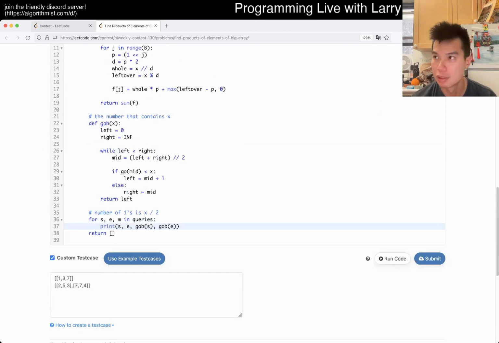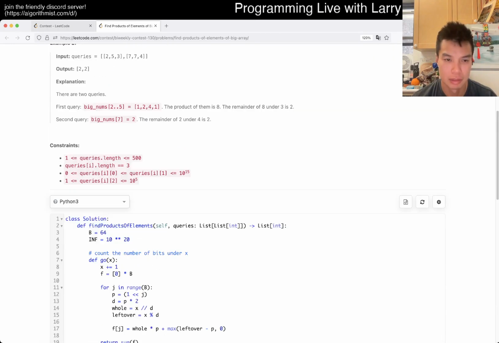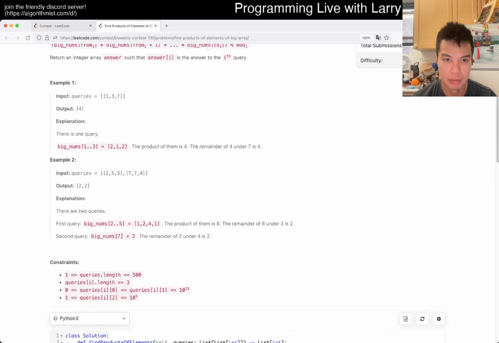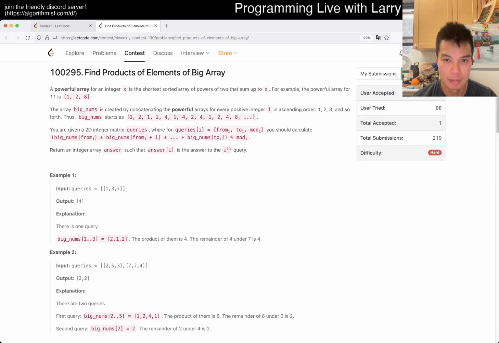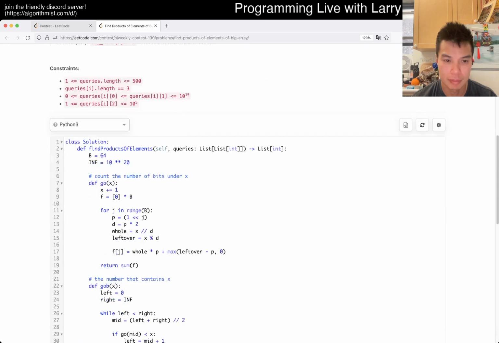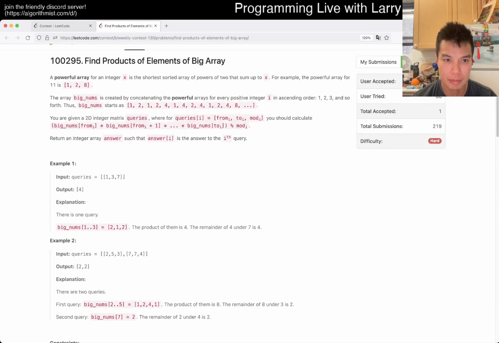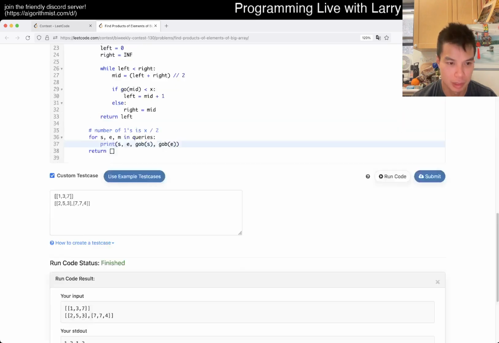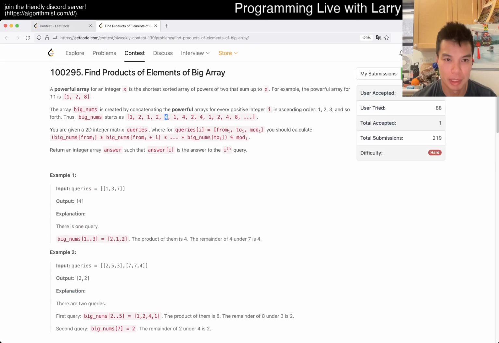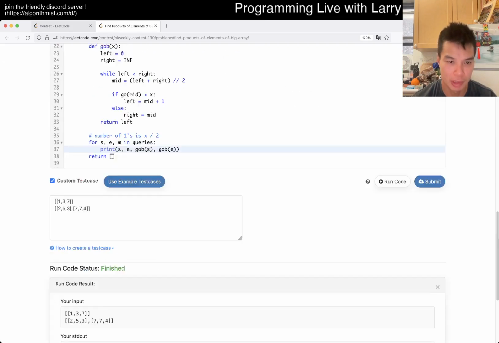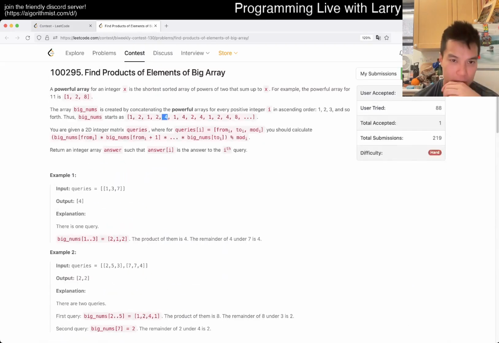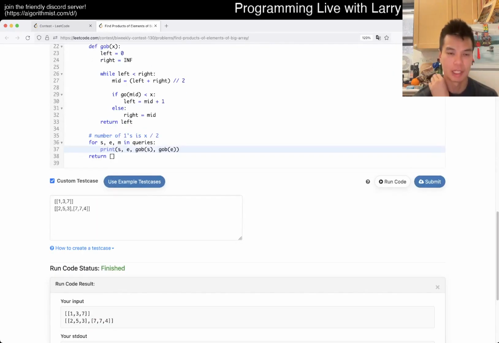Equals space. Yeah, okay. 2, 5. 2 is 2, right? And is this 5? No, wait. No, okay, 5, but this is 4. This is 4, so that's good. Okay, so we got the numbers backwards, which is good.